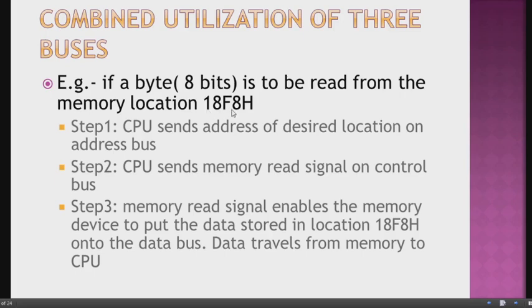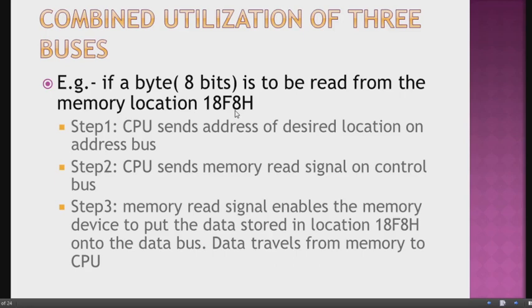So there are three steps involved while reading the data from the memory location, and how these three buses are working. Step 1: since the data has to be read from this memory location, the CPU will send the address of the desired location on the address bus. That means the CPU will send this address 18F8H on the address bus.